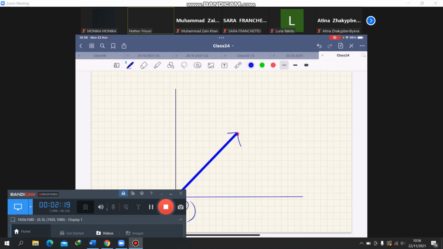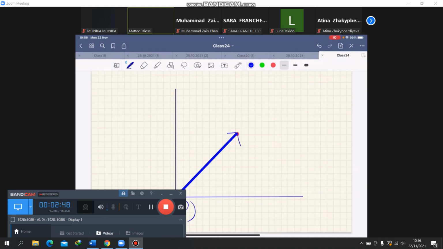And sometimes you will have received the information that a vector is defined by an arrow having a given direction and a verse.